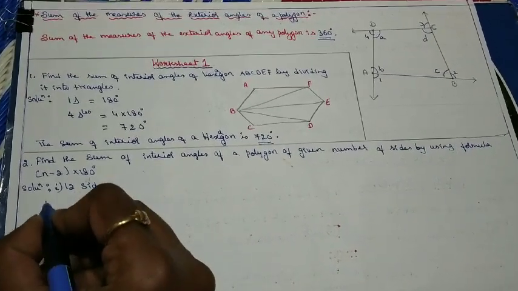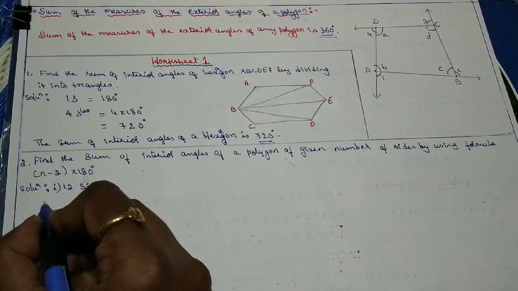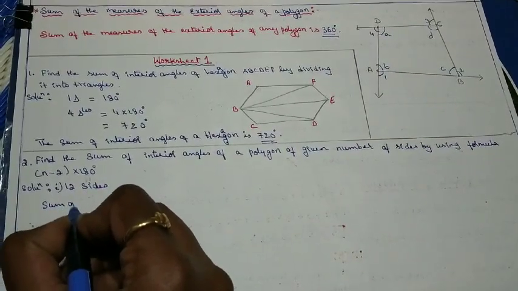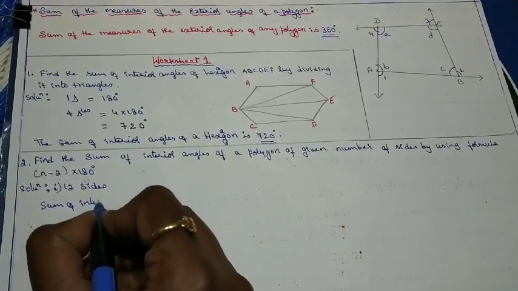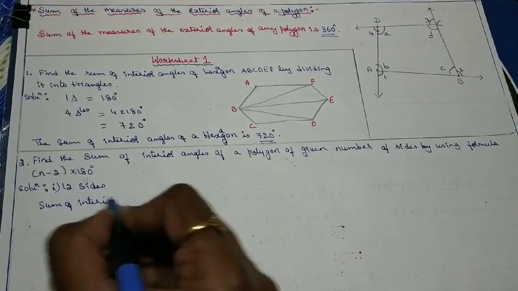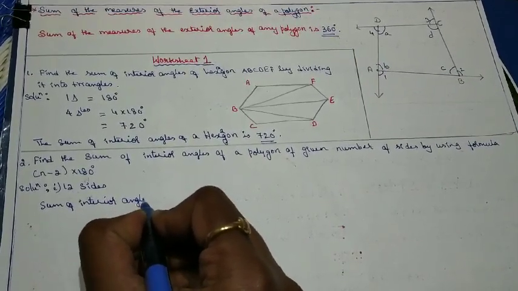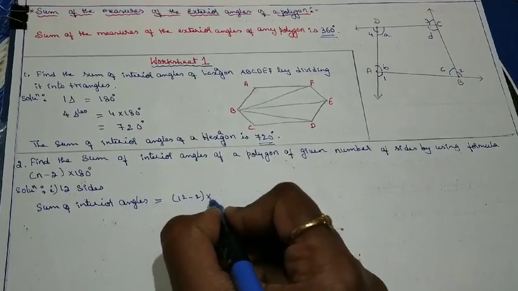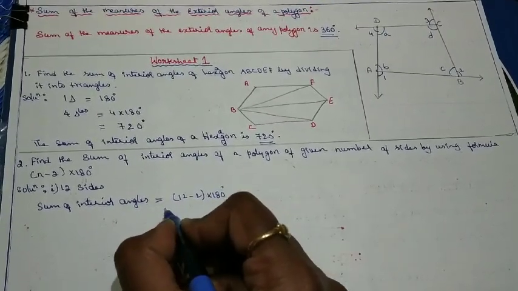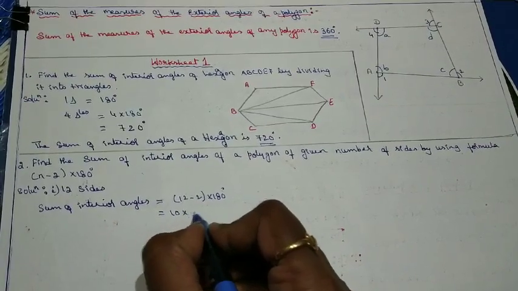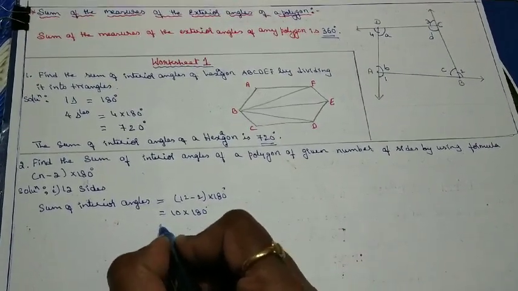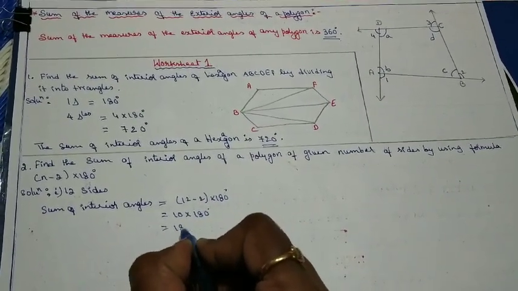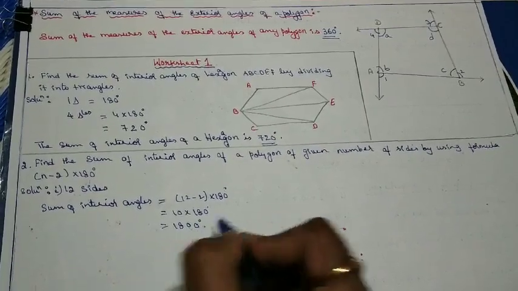Therefore, the sum of interior angles, not exterior, interior angles, equals (12 minus 2) into 180 degrees. 12 minus 2 is 10, into 180 degrees. Then 18 ones are 18 followed by 2 zeros, that is 1800 degrees.